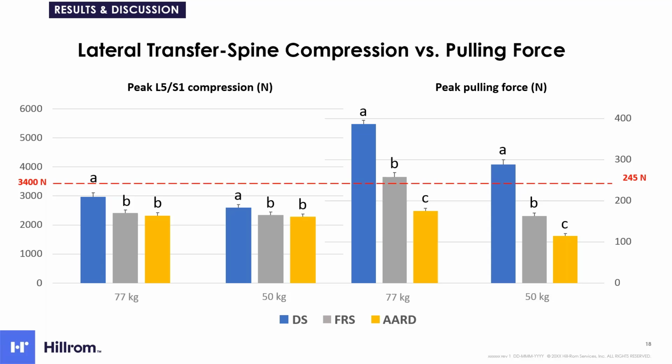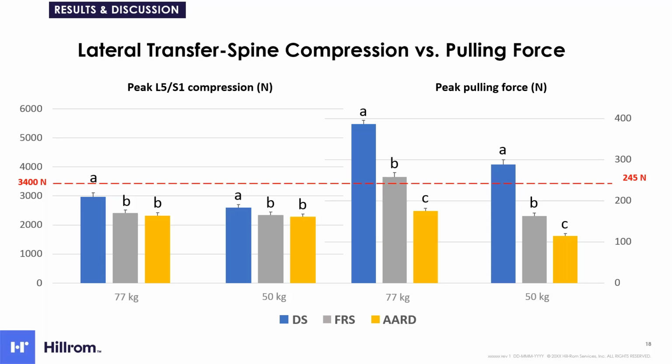Within each patient weight level, peak L5S1 compression and peak pulling force are highest for the draw sheet, followed by friction reducing sheet, and lowest for the AARD. The TAP sheet was not tested in this task because it is not designed to be used for lateral transfer according to the manufacturer's claim.